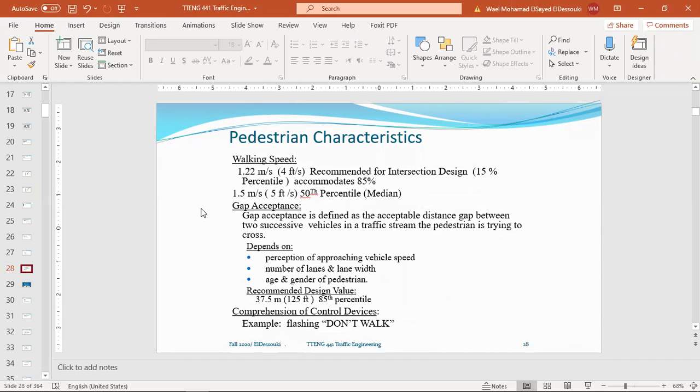This covers the 15th percentile speed, which converts to 1.22 meters per second. For gap acceptance, for pedestrians crossing the streets, we found that the 85th percentile gap acceptance was 37.5. The other issue is the comprehension of control devices, like flashing don't walk, and how people comprehend it.